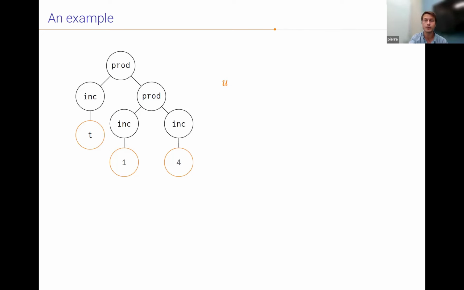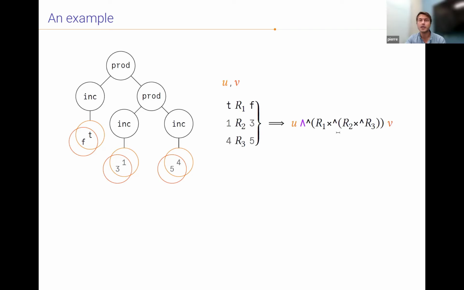And then I take another term, which is basically the same with different data, V. So I replace T by F, 1 by 3, and 4 by 5. If I take a relation that relates T and F, another one that relates 1 and 3, and another one that relates 4 and 5, then by the recipe of the slide before, I can relate U and V by the relation R1 cross R2 cross R3.